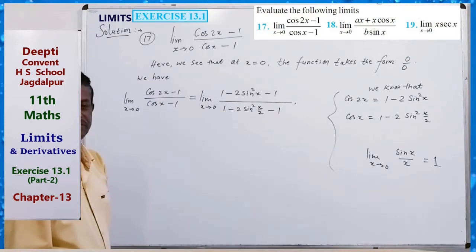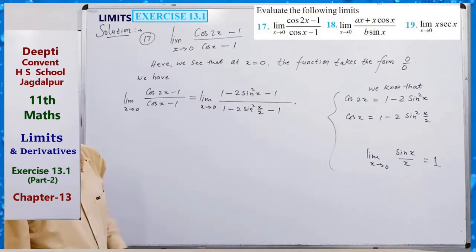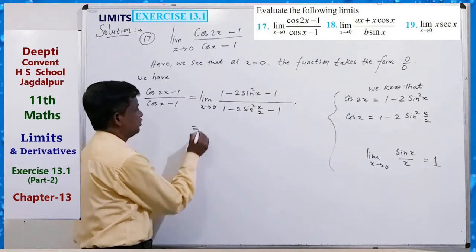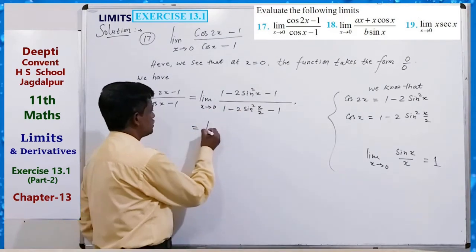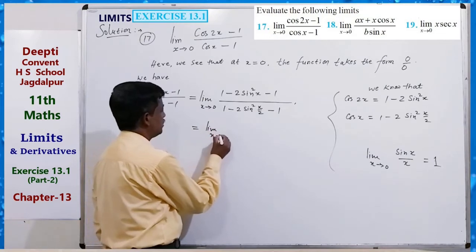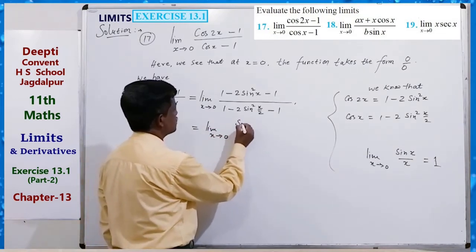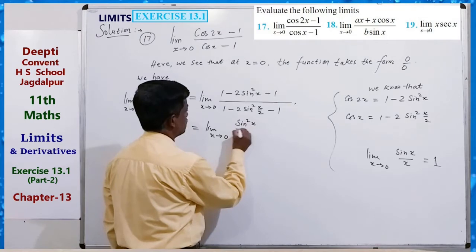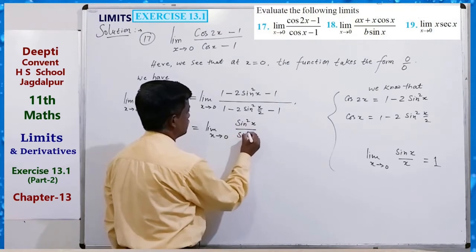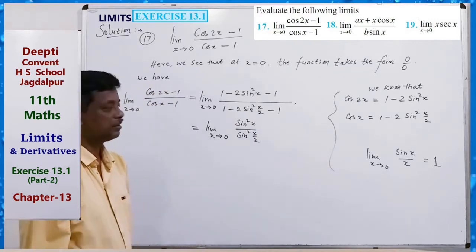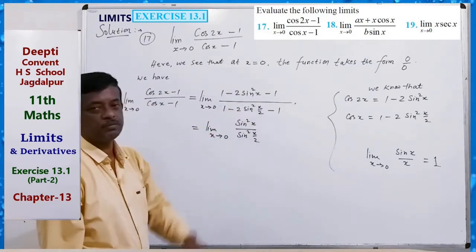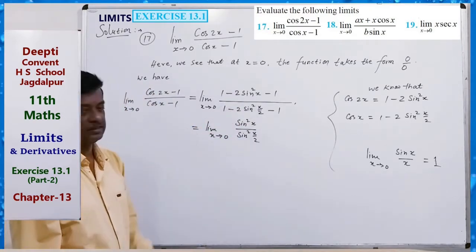Here the 1 cancels, and after cancellation of the 2 and the minus signs, we can write sin square x upon sin square x by 2.